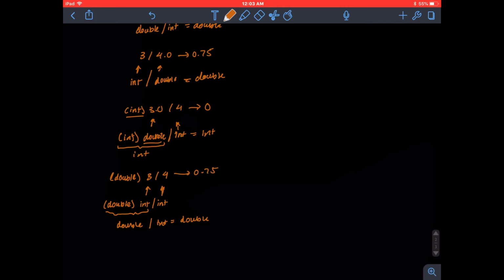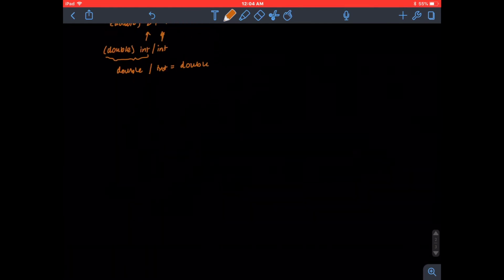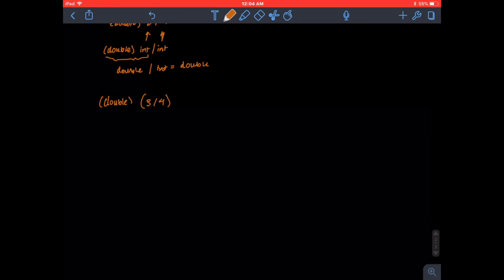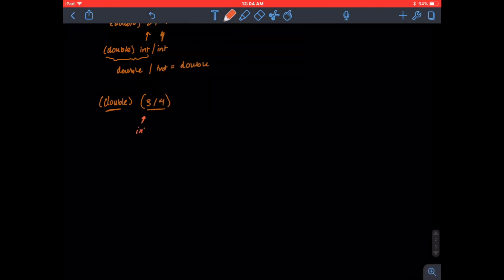Now, what if we have this special case over here? This is a very interesting case. We have 3 divided by 4, and we cast the whole thing to a double. This whole 3 divided by 4 is casted to the double. So now, in this case, we have an int divided by an int.